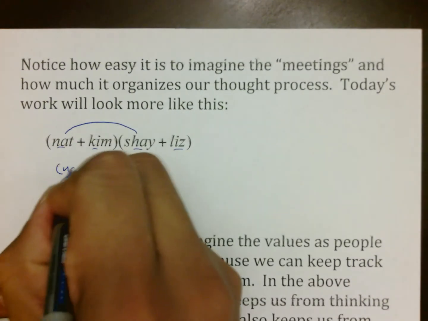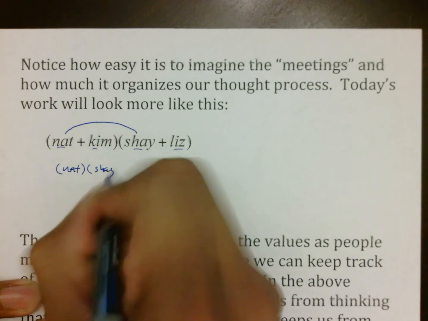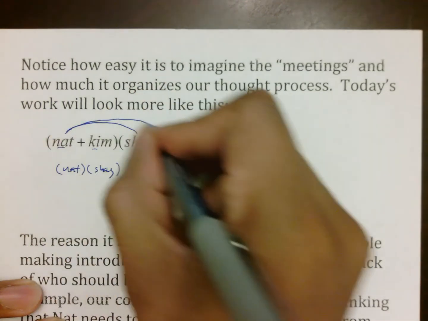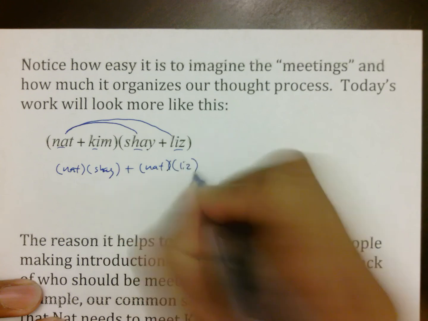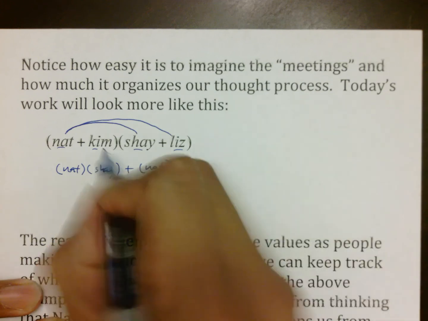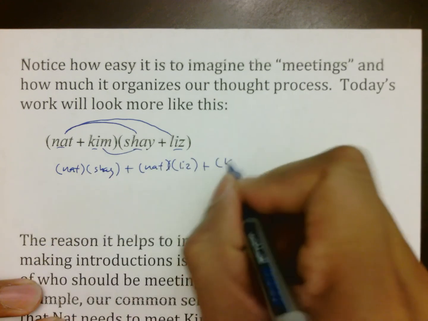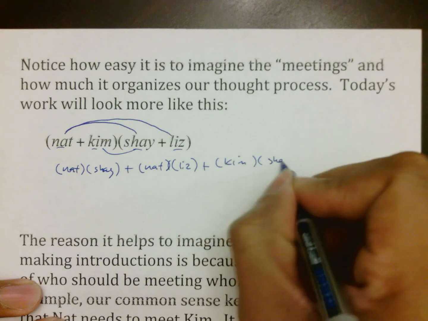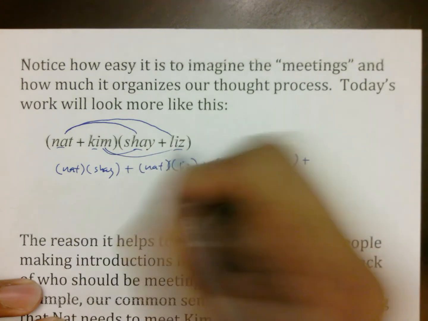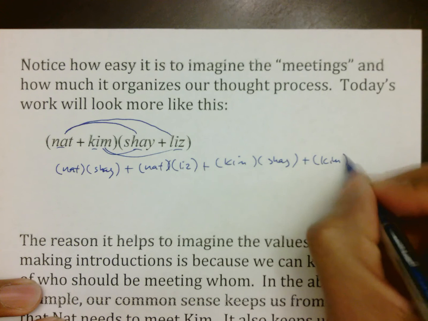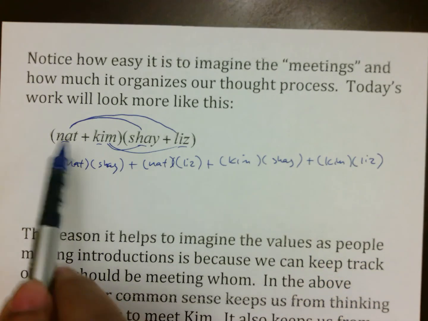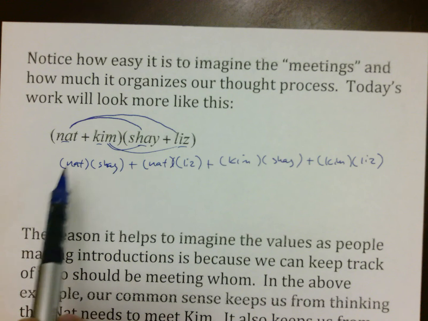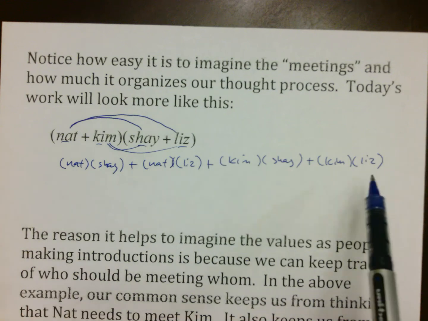So in other words, Nat meets Shay, and Nat meets Liz, and because we still got one person who hasn't introduced themselves, Kim meets Shay, and Kim meets Liz. So when you have two people meeting two people, the number of handshakes is now going to get a little bit more complex.